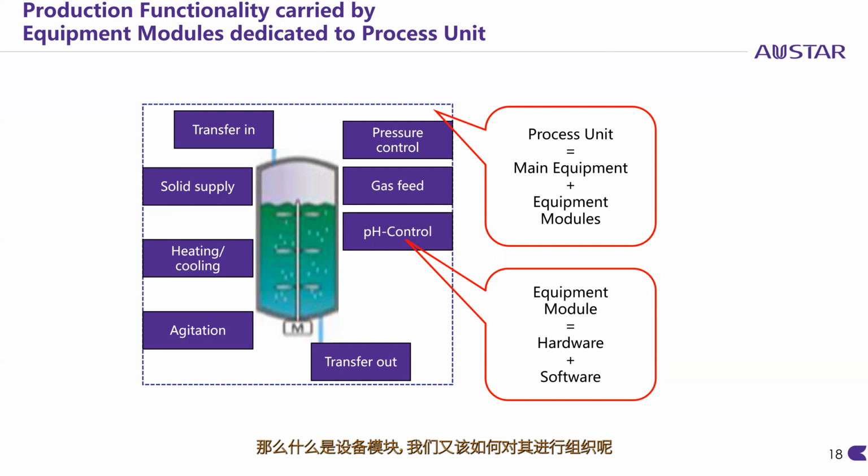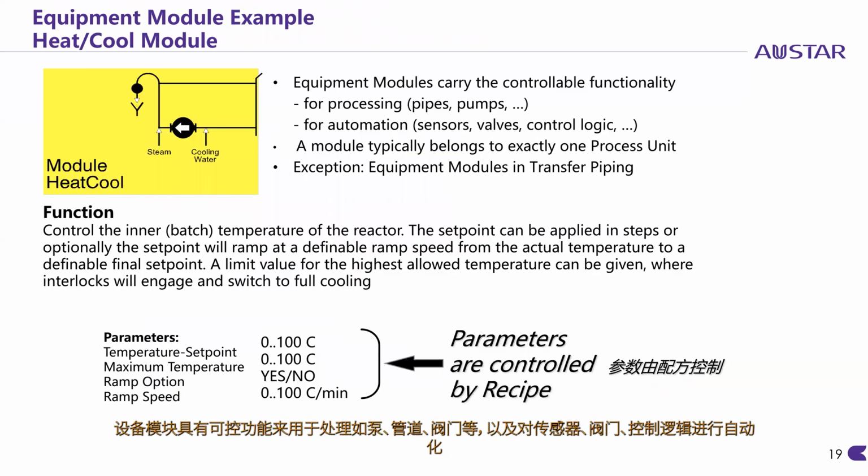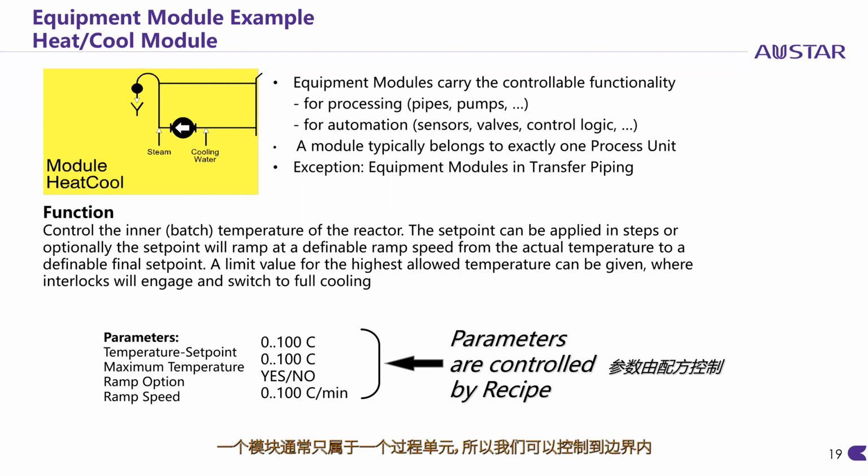Now, what is an equipment module? How do we organize it? The equipment module is the one that carries the controllable functionality for processing, which also contains pumps, pipes, valves, etc. It also carries the functionality for automation with sensors, valves, and behind them some control logic.